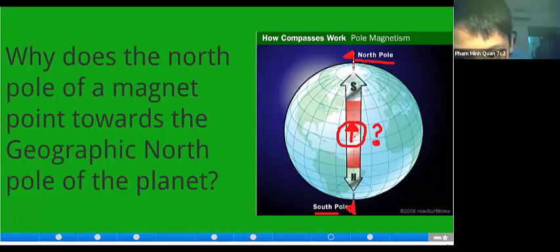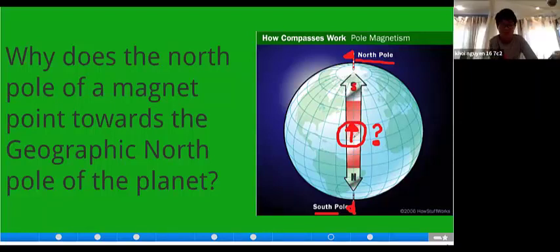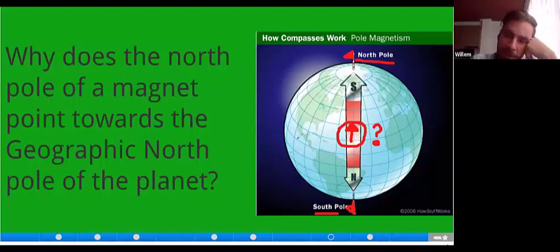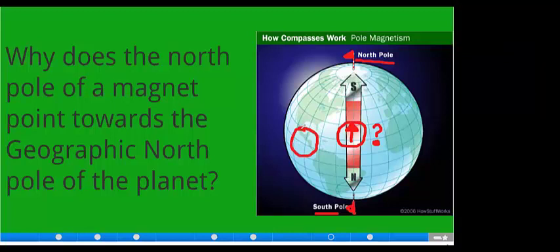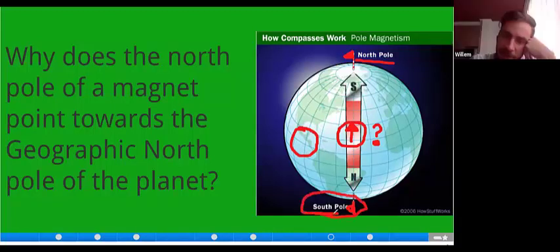No. There's a south here. What you just said, it is not that. This is the geographic South Pole of the planet. This is the geographic North Pole of the planet.